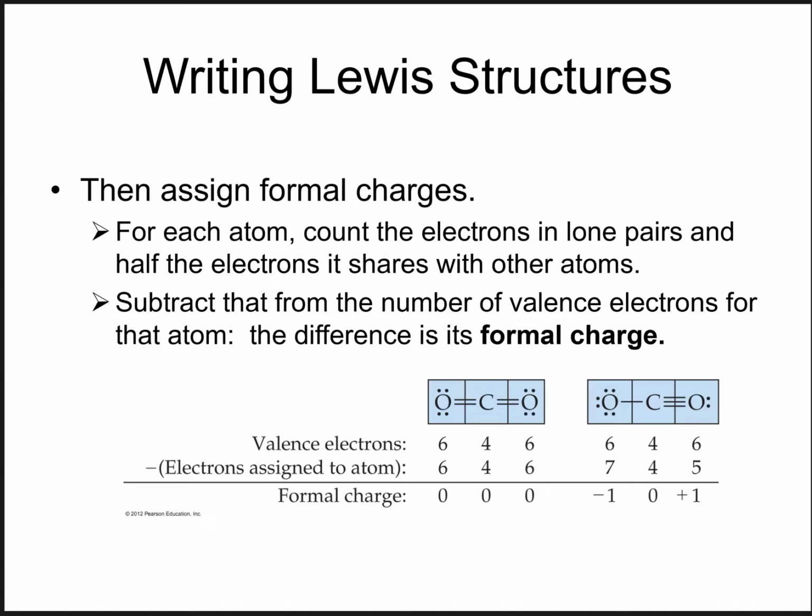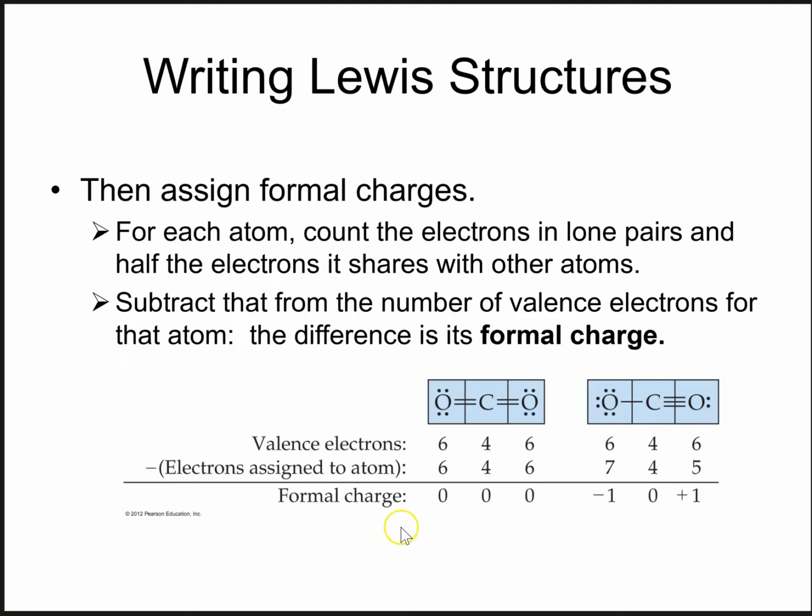So when we calculate formal charge, we base it on valence electrons, the number of bonds something has, and the number of remaining electrons in the form of dots. In both cases, carbon has 4 valence electrons, it has 4 bonds, and so in both structures there is no formal charge on carbon. That is, it's equal to 0.